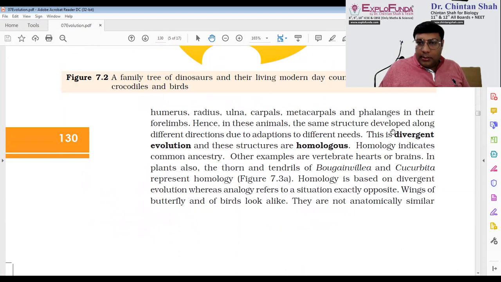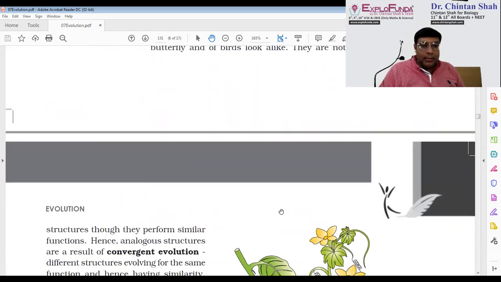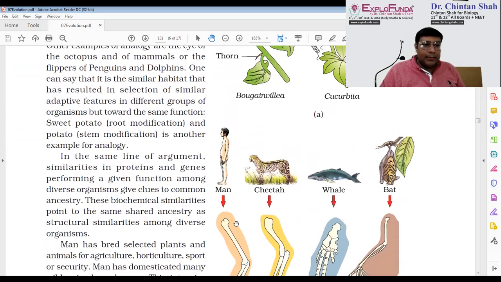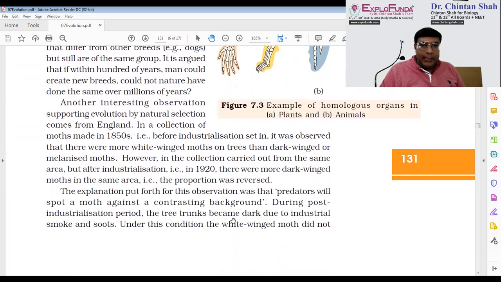Homologous organs, we have done this. Analogous organs, we have done it. Amazing. So we have completed 7.3.